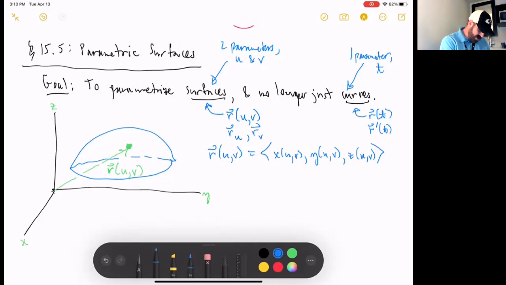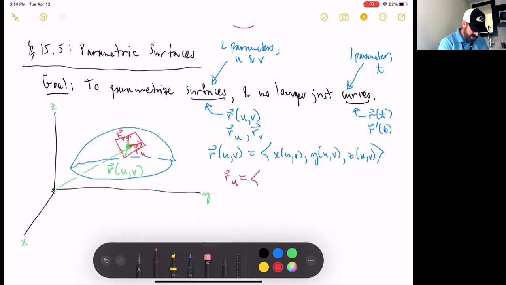What r sub u is going to do is feel what's happening on this surface. So r sub u might be something like this vector right here, and r sub v might be something like this vector. And what am I talking about?